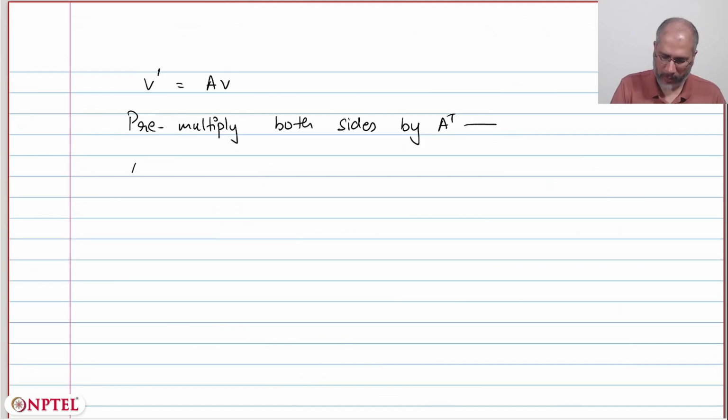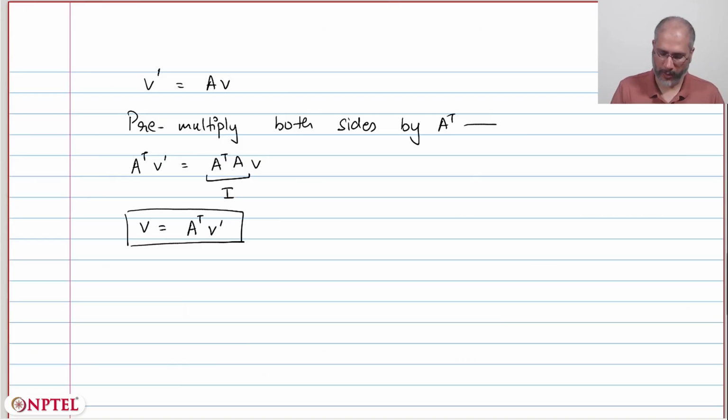So doing that results in A transpose V prime equals A transpose A V. But we know that A transpose A is identity because A is an orthogonal matrix, as we had shown in the previous lecture. So we get A transpose V prime is equal to V, or if we write V on the left hand side, this is V equals A transpose V prime.